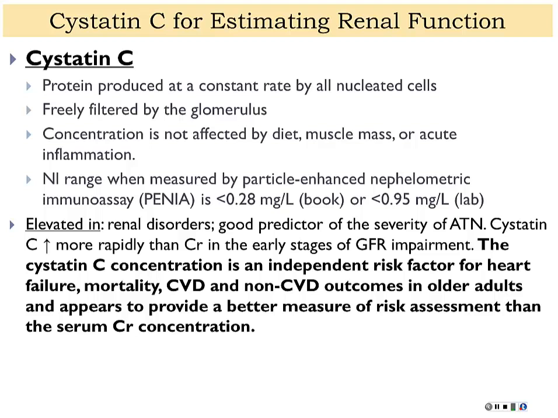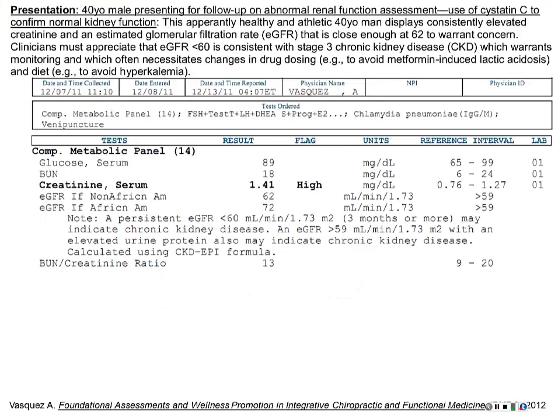It will probably become the test of choice for assessing and monitoring kidney function in the future. Last time I checked, the retail cost was about $80, but of course that will get lower as more doctors use the test.